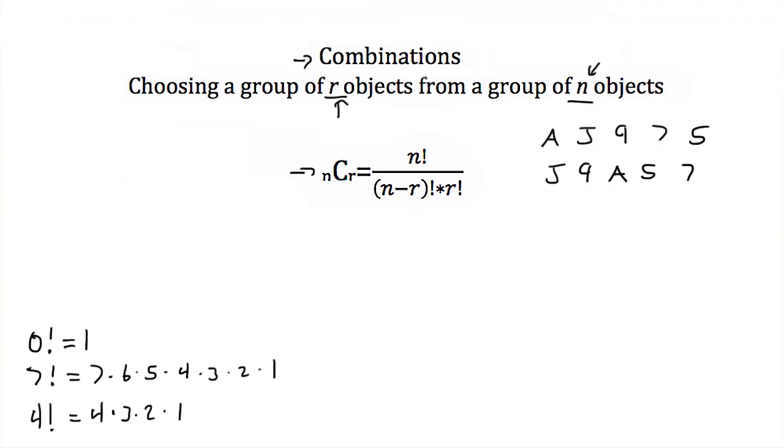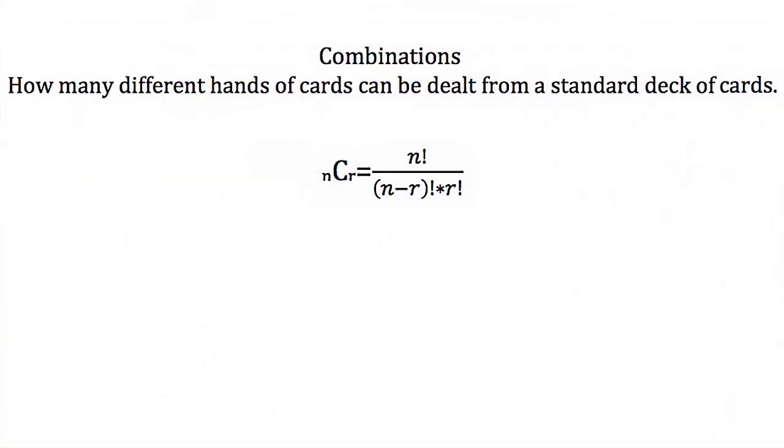Now let's try an example of trying to find a combination, or different amounts of combinations. Let's try to find how many different hands of cards can be dealt from a standard deck of cards. Now let's assume our standard deck of cards has 52 different cards in it. Then let's say our hand of cards is 5 cards. So we want to know how many different combinations of 5 cards can we get out of a standard deck of 52. So that means that our N is 52, and we're going to choose our R value, or 5, out of that 52.